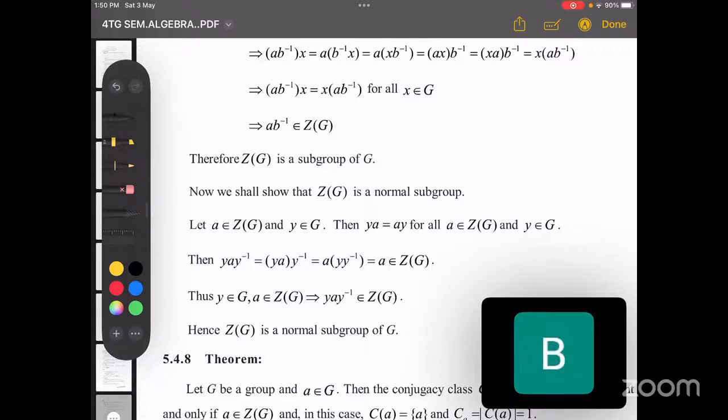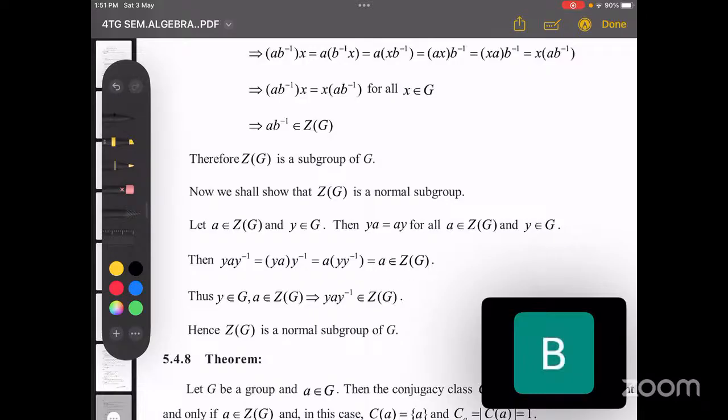So we take A outside with the help of the associative property, and we write A into Y Y inverse. So what will happen? Y into Y inverse is E. Therefore, it is equal to A, which belongs to Z of G.